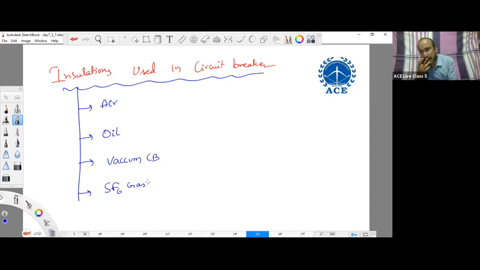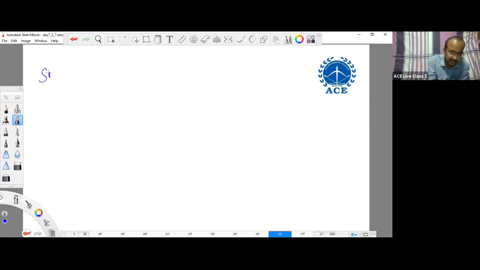So the commonly used insulations in circuit breakers are air, oil, vacuum, and SF6 gas. This SF6 gas is an electronegative gas. What are the properties of this SF6 gas? It is an electronegative gas.